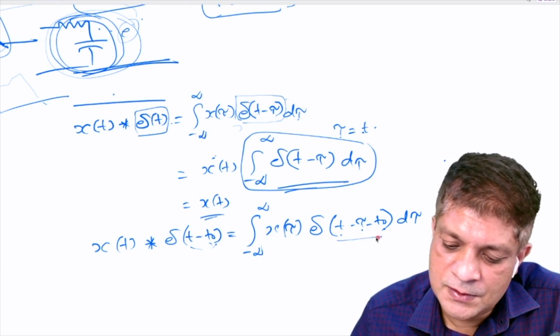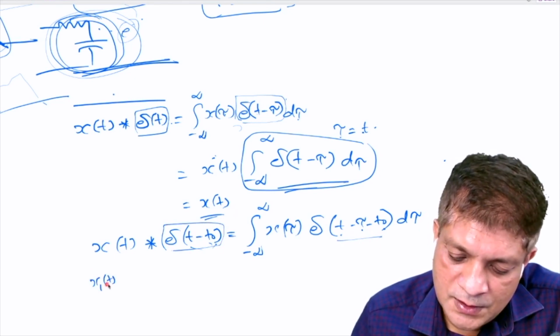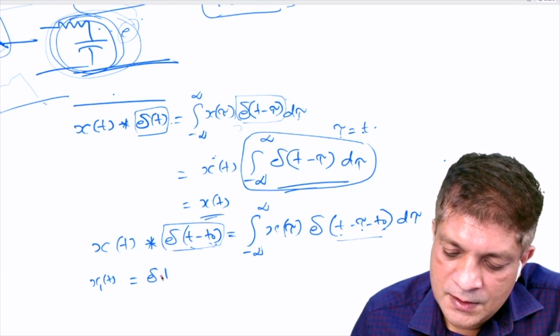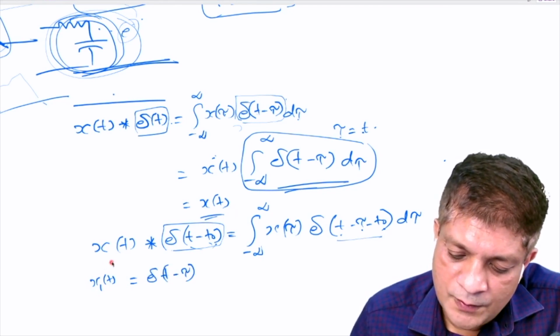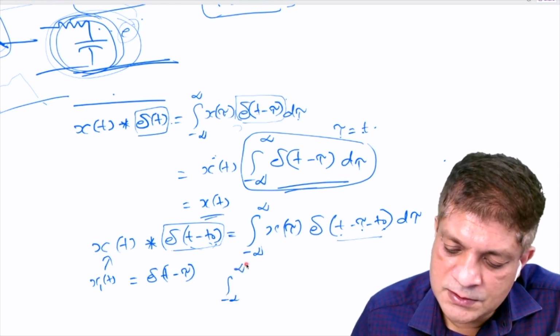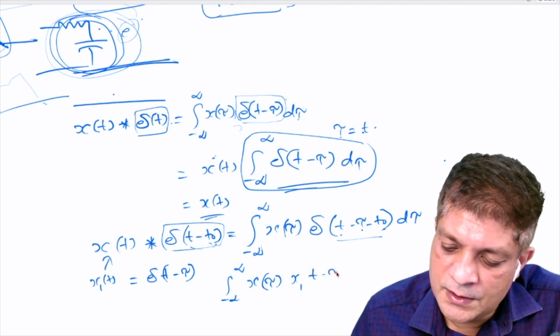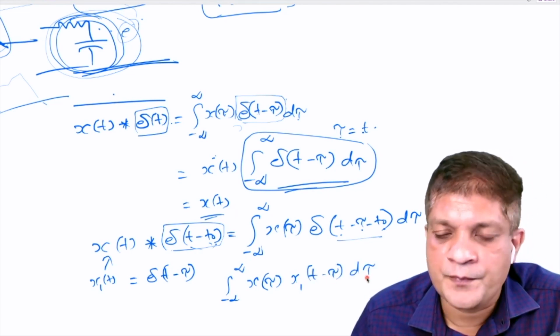If you are confused with this, then take x1(t) as delta(t minus t naught). Now, what is the convolution of x(t) and x1(t)? It is the integral from minus infinity to infinity of x(tau) x1(t minus tau) d tau.